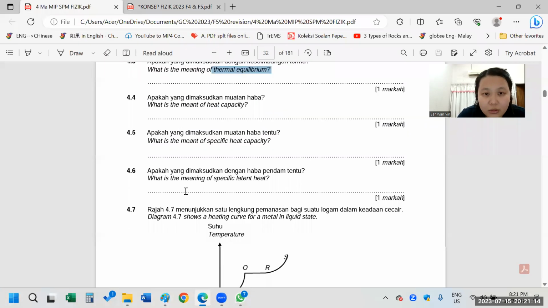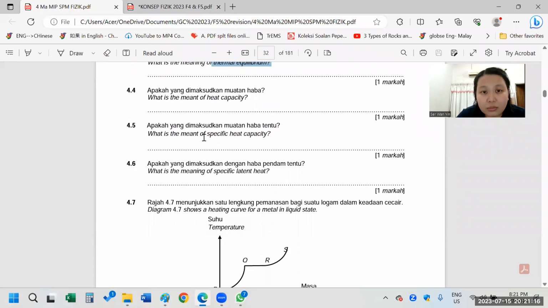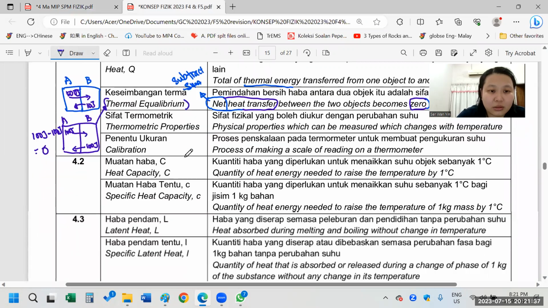Okay, heat capacity and specific heat capacity, what's the difference? Obviously, one is specific. Specific means specifically 1 kg. So you can see the definition here.